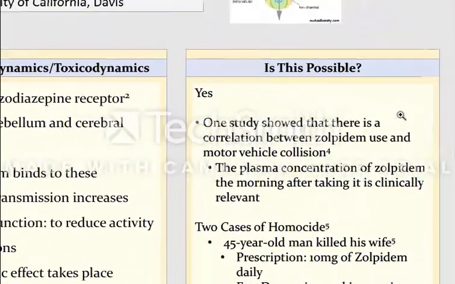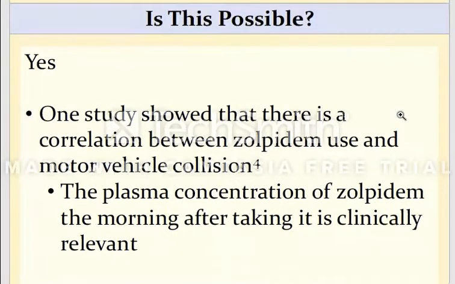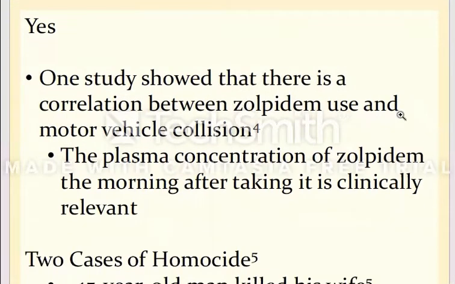So now we're gonna talk about whether this is possible or not. Based on the research I did, I would say that yes, this is possible. One study actually focused on correlating Zolpidem use to motor vehicle collision, and although it's hard to assume that motor vehicle collision is caused by Zolpidem use, we can still talk about their findings, which are that plasma concentrations of Zolpidem were clinically relevant even the morning after taking it.